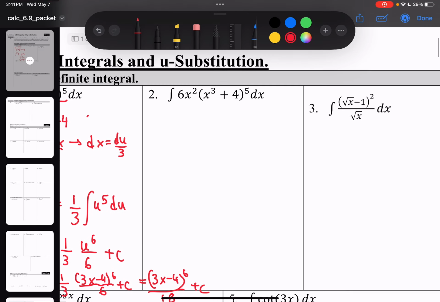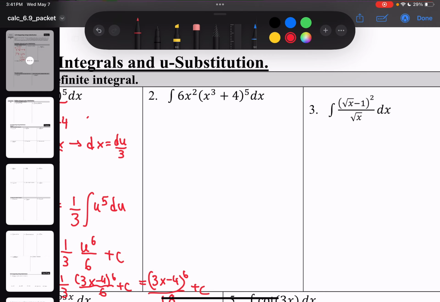Similarly, in number 2, the most important thing about this lesson is for you to have really good eyes, meaning you have to figure out which part you're going to take as u and which as du. Here we have 6x to the power of 2 outside and x to the power of 3 plus 4 inside.